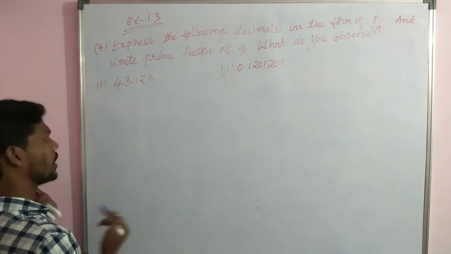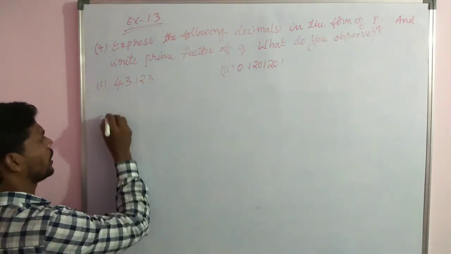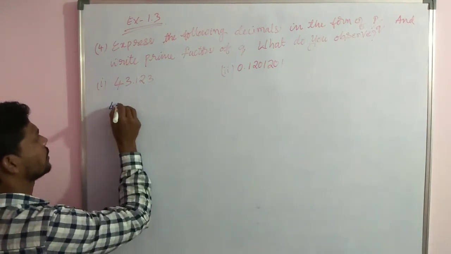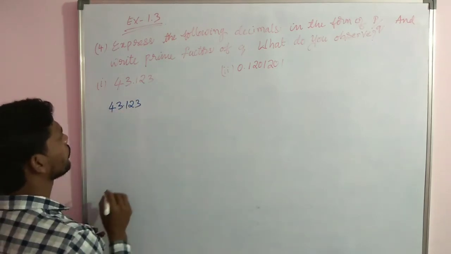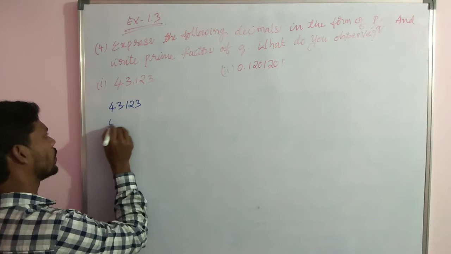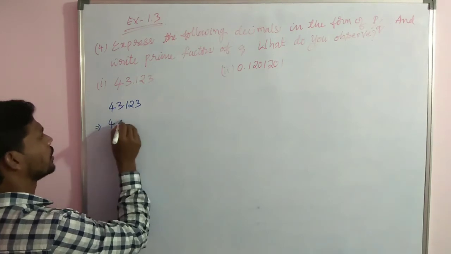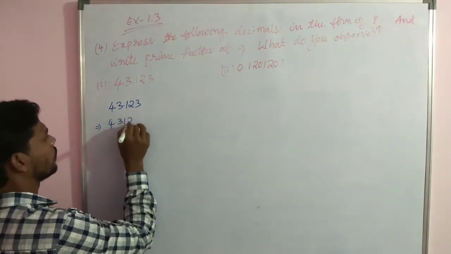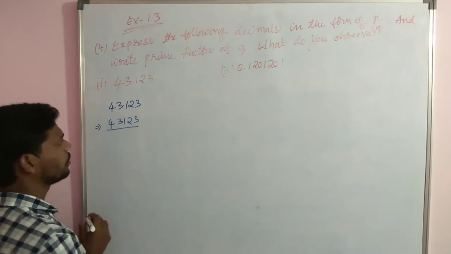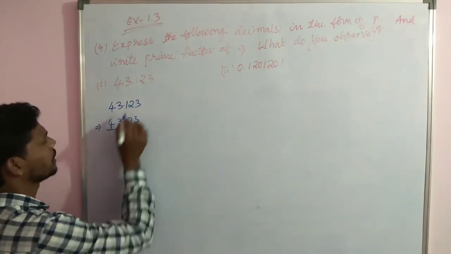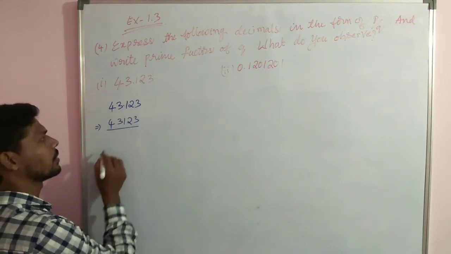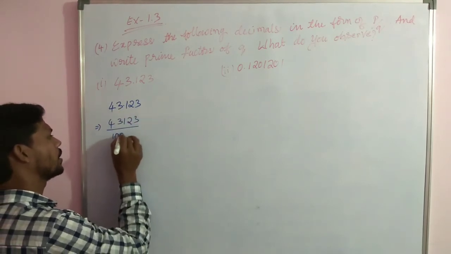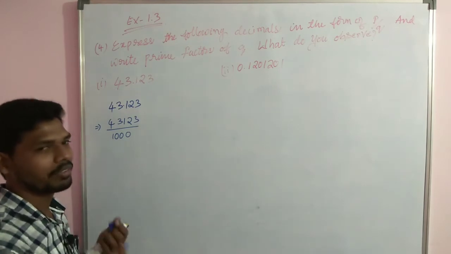We'll see the first one, that is 43.123. Write it as it is: 43.123 divided by, since we have 3 digits after the decimal point, in the denominator place write 1000, that is 1 followed by 3 zeros.